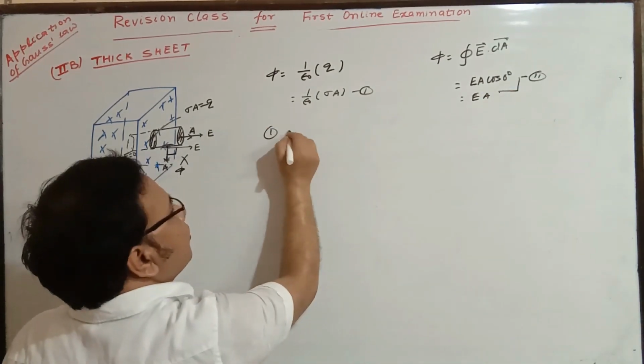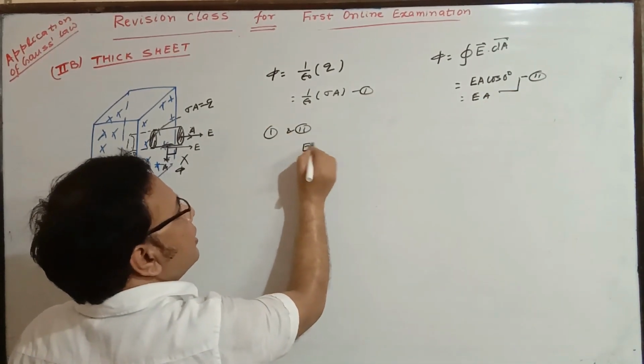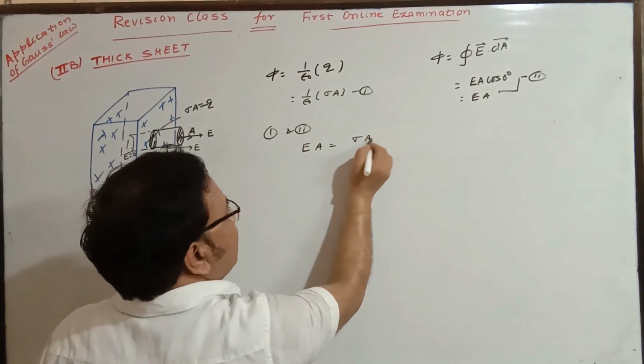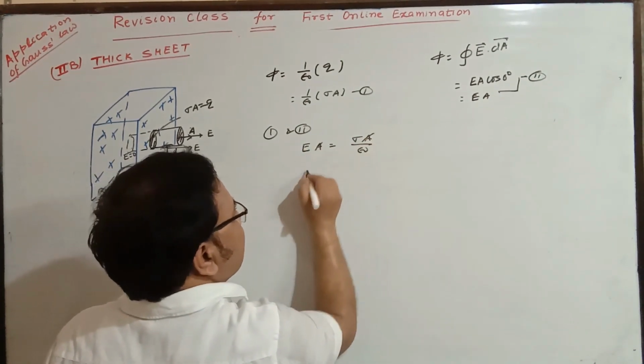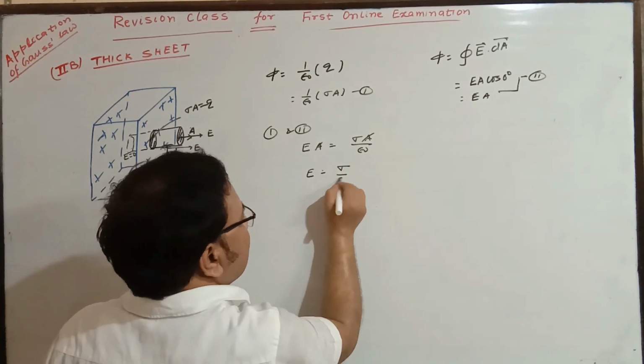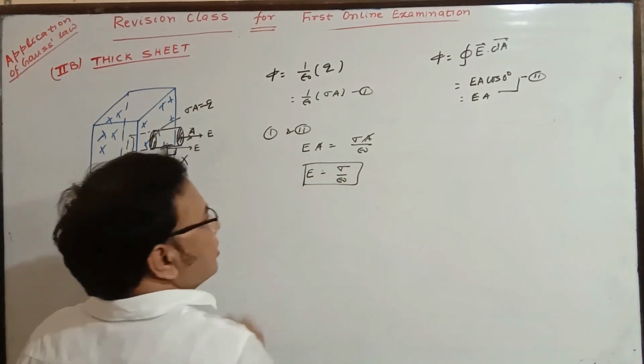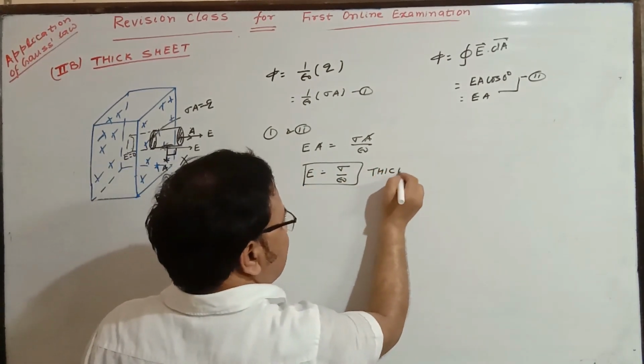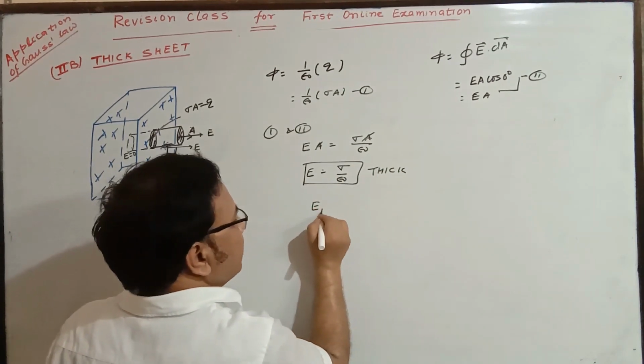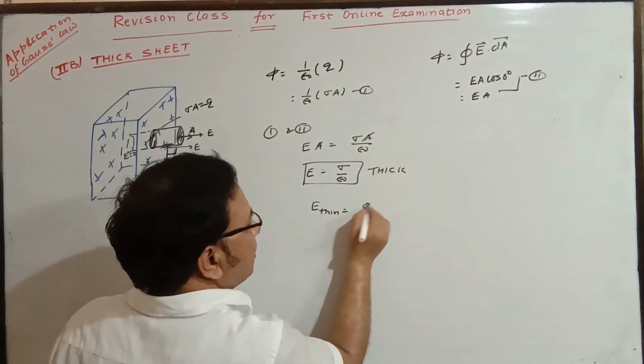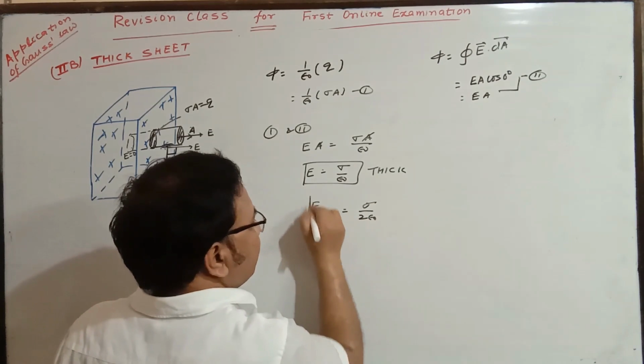Equating 1 and 2, we have E into A equal to sigma into A by epsilon naught. A cancels out, so E is equal to sigma by epsilon naught. So for a thick sheet, it is this. For a thin sheet, E thin is equal to sigma by 2 epsilon naught.